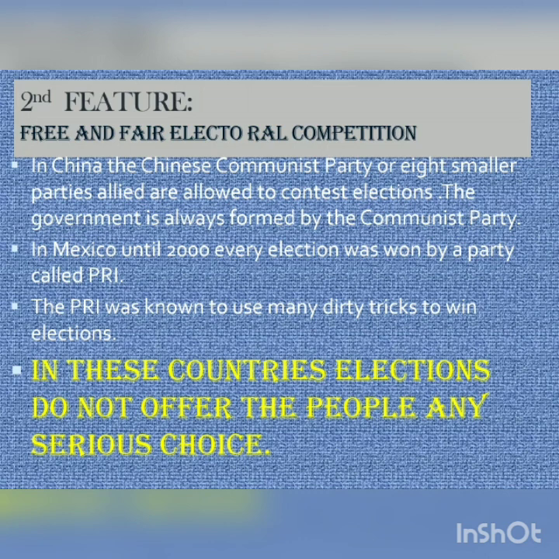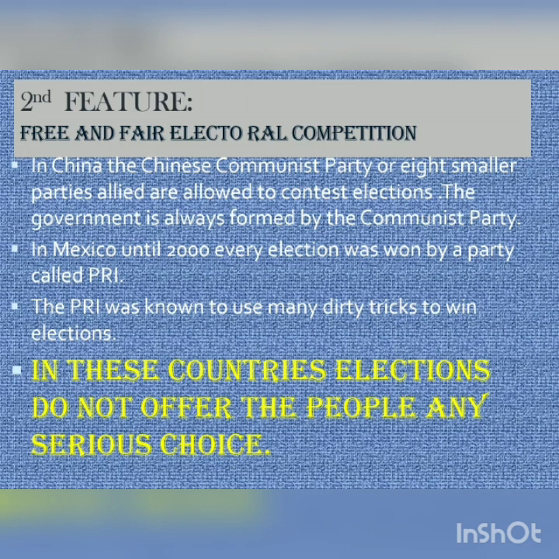Only those who are members of the Chinese Communist Party are allowed to contest elections and hold power. Therefore, we can say that in China, elections are being held, but these elections are neither free nor fair. A similar example comes from Mexico.